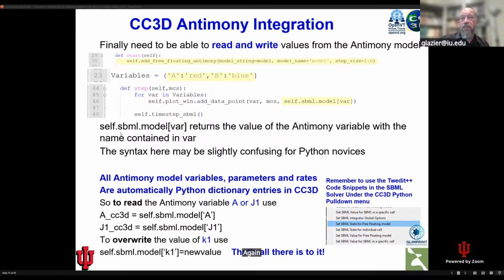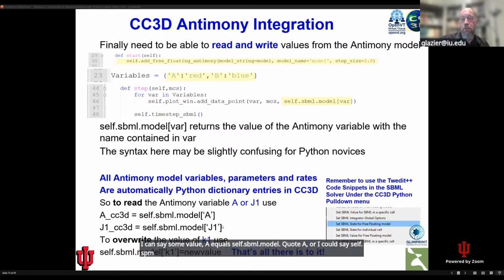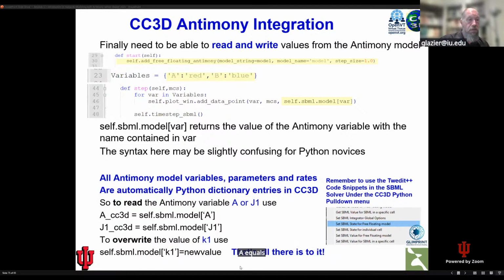Again, self.sbml.model, whatever that model name is, square bracket variable, returns the value of the Antimony variable or parameter. I can read and write it freely. I can say some value A equals self.sbml.model quote A, or I could say self.sbml.model quote A equals some value.